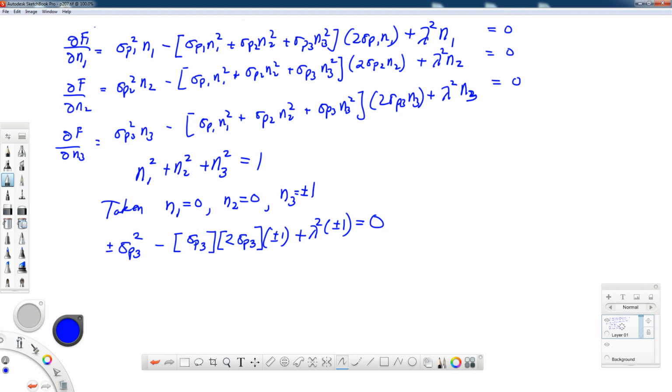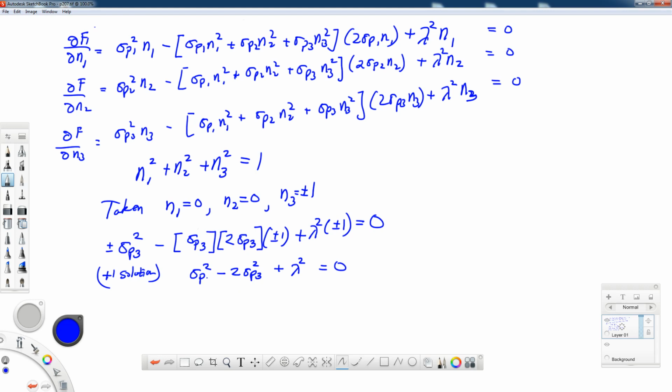Now we're going to look at the plus 1 solution. The minus 1 will give us the same kind of equation. The plus 1 solution is going to be sigma p3 squared minus 2 sigma p3 squared plus lambda squared, and that equal to 0.